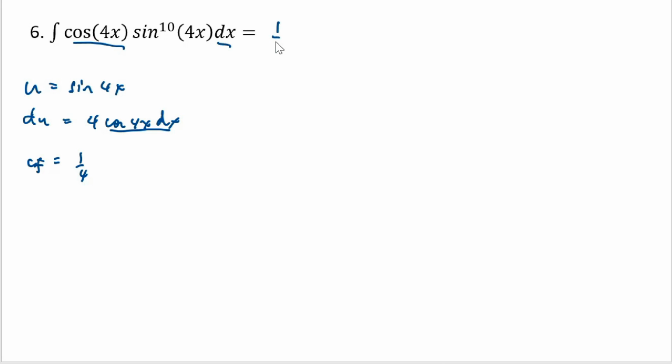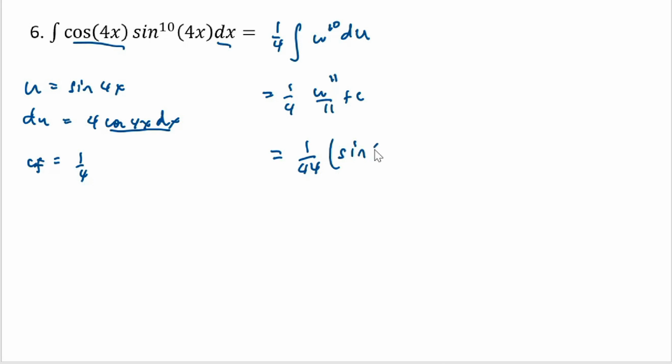So rewriting now the given, I can have 1/4 of the integral of u raised to 10 du. So we have now 1/4 of u raised to 11 over 11 plus a constant. So multiplying that, 4 times 11 is 1 over 44, and the meaning of u is sine of 4x to the power of 11 plus a constant.